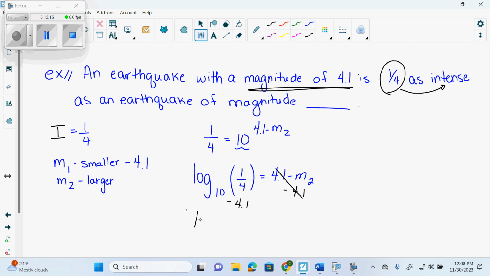And then I get log a quarter. Do I have to write the base 10? Or can I just press the log button? I can actually just press the log button because base 10 is log. A log without a base is base 10. We talked about this. Log a quarter minus 4.1 equals negative M2. Then we divide by negative 1.